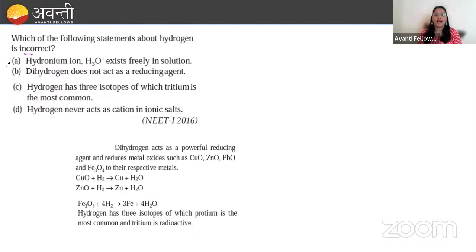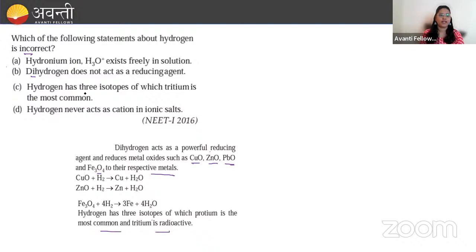See here, dihydrogen acts as a powerful reducing agent and reduces metal oxides such as CuO, ZnO, PbO, Fe3O4 to their respective metals. So that's why it is a good reducing agent. So this statement is not correct, right? Next, hydrogen has 3 isotopes, of which protium is the most common and tritium is radioactive.